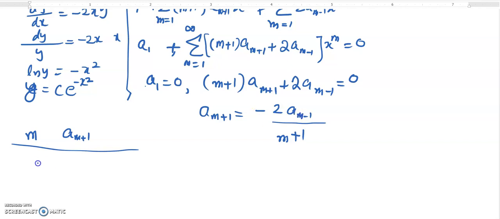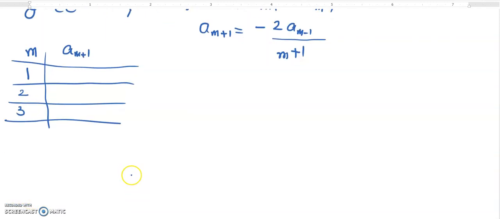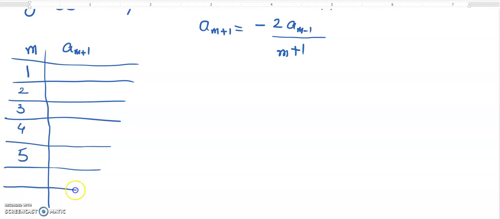Okay, m is equal to 1, and then I will continue with m is equal to 2, 3, and then 4, 5, 6, 7.